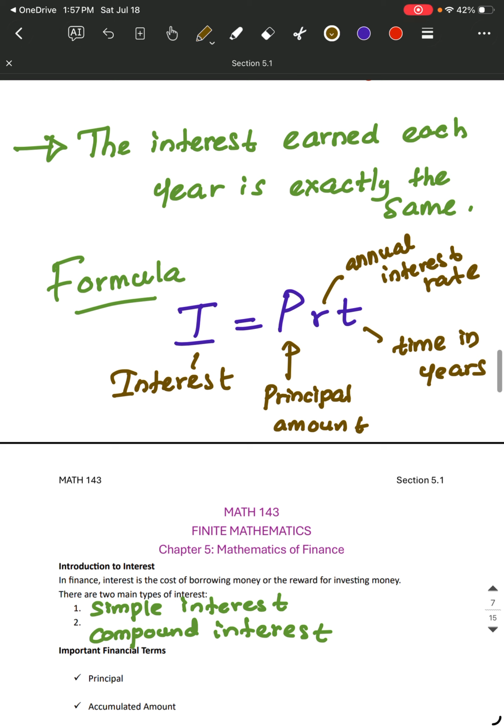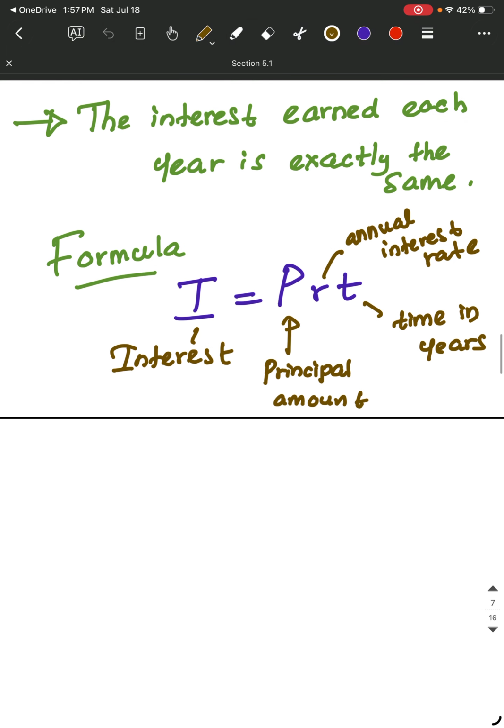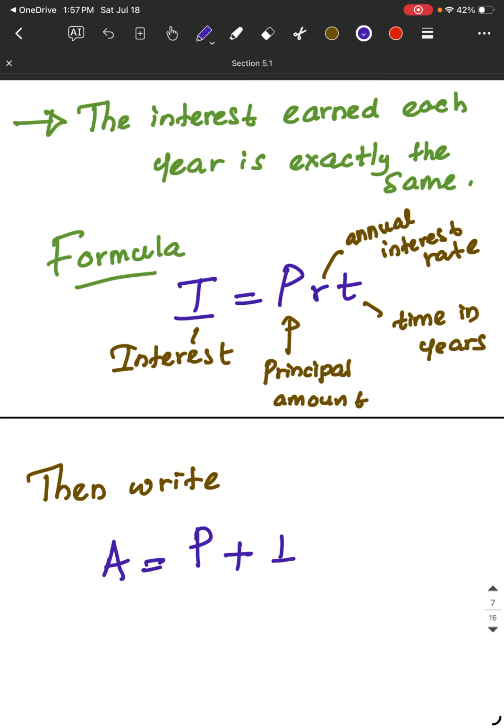So the formula says I equals P times R times T, where P is the principal amount, R is the annual interest rate, and T is the time in years. Then we can write the accumulated amount, the entire amount after earning this interest. The accumulated amount A equals the principal amount, the original amount, plus the earned interest.